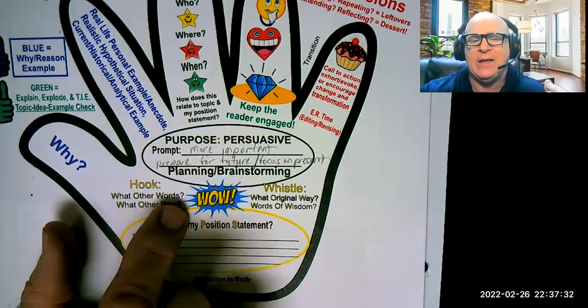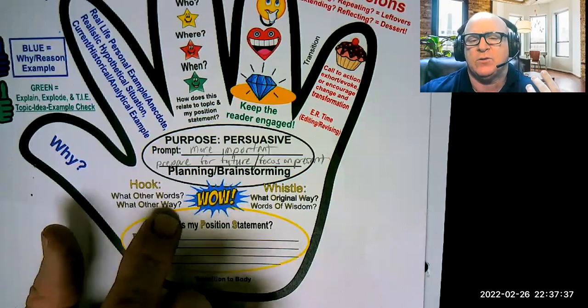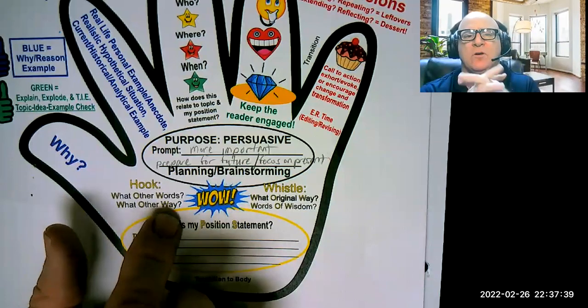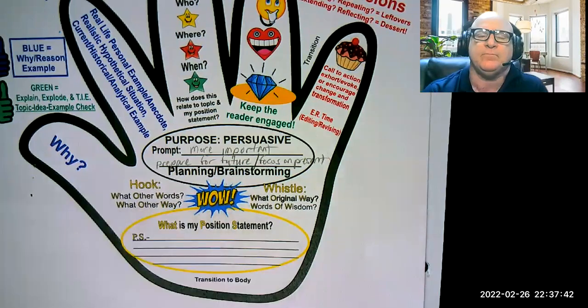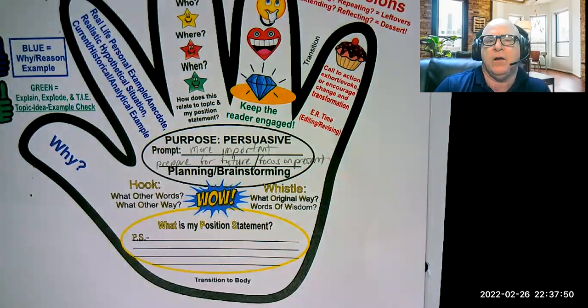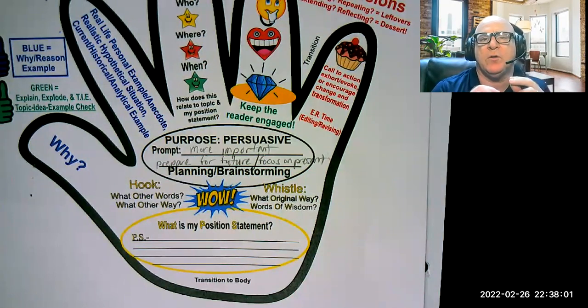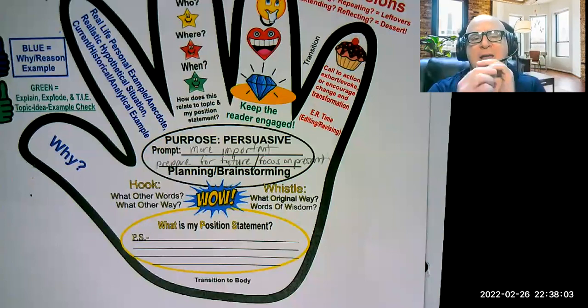What other way could I write my sentences so I can change the order? I don't have to always have a noun followed by a verb. We can vary our sentence structure by playing around with the words in 80 ways, starting with different parts of speech. What original way can I start?